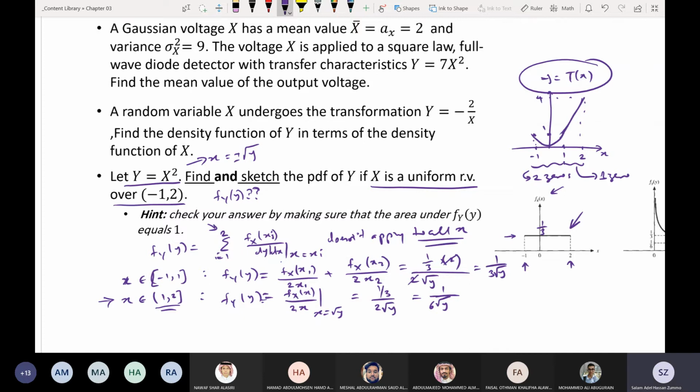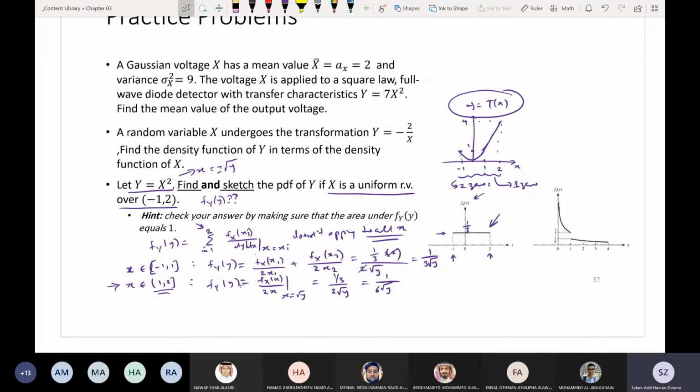We are talking about the function Y equal t of x. Does it increase all the time or decrease all the time? We call it monotonic. Or if it goes up and down, we call it non-monotonic. We talk about the function, not the PDF of x. واضحة؟ Okay, it's okay now.